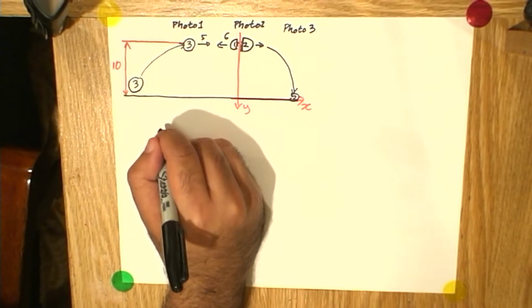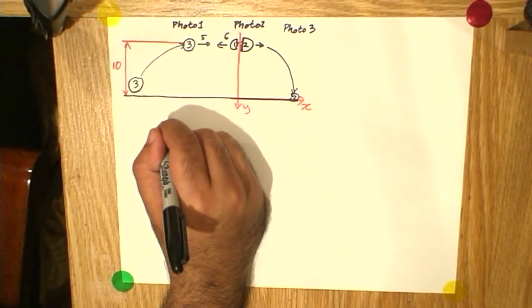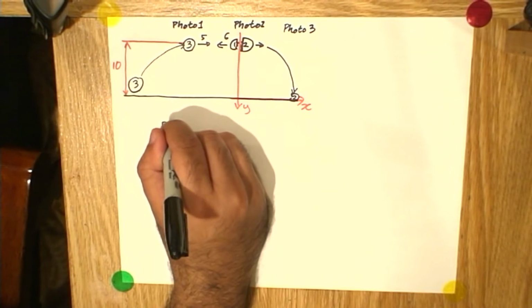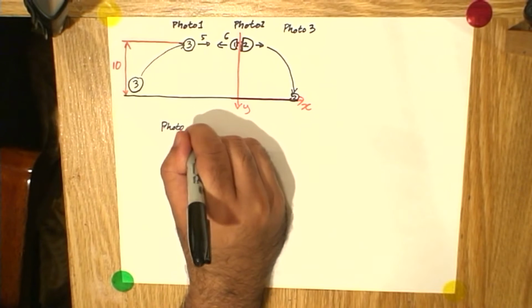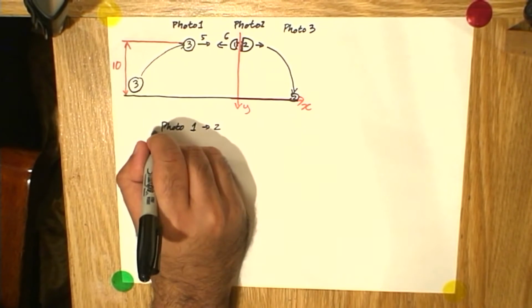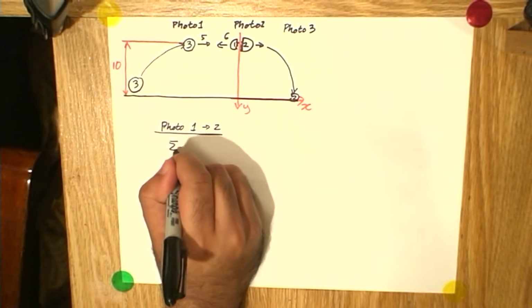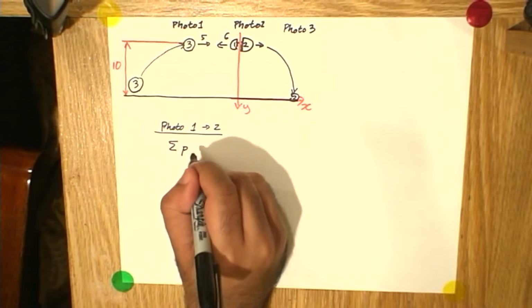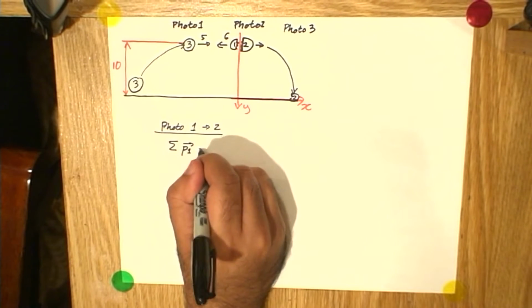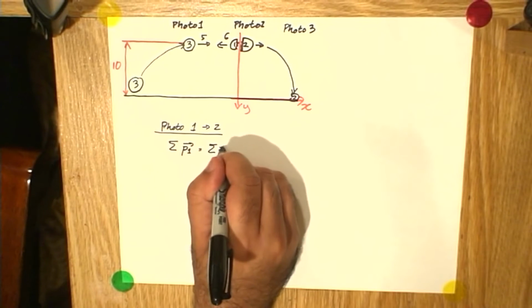So, let's look at photo 1 to photo 2. From photo 1 to photo 2, we can say that the total momentum before the explosion equals the total momentum after the explosion.